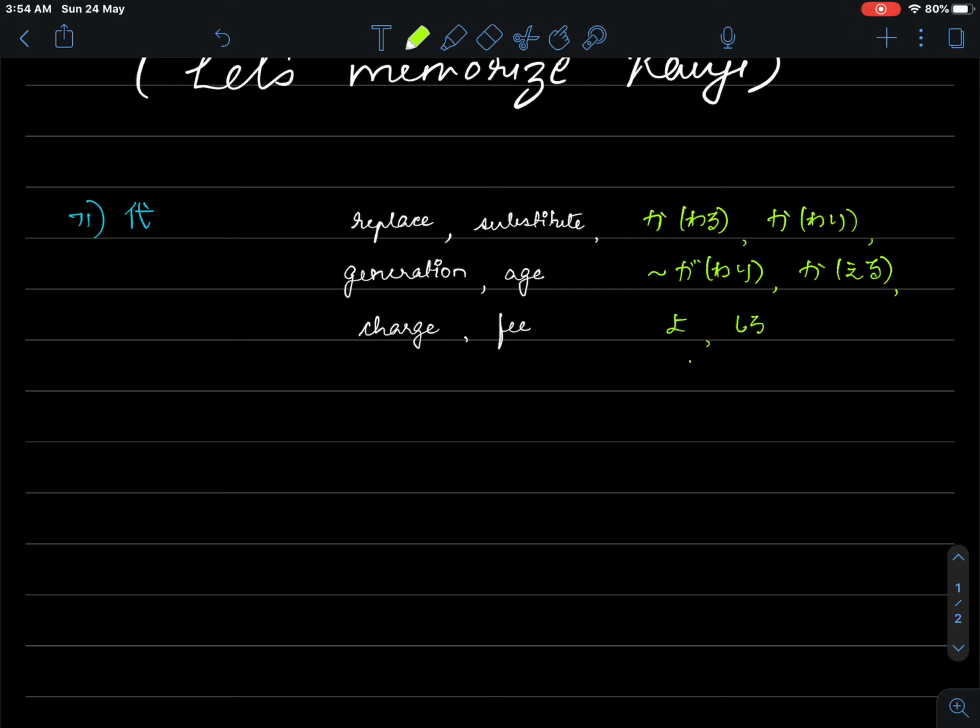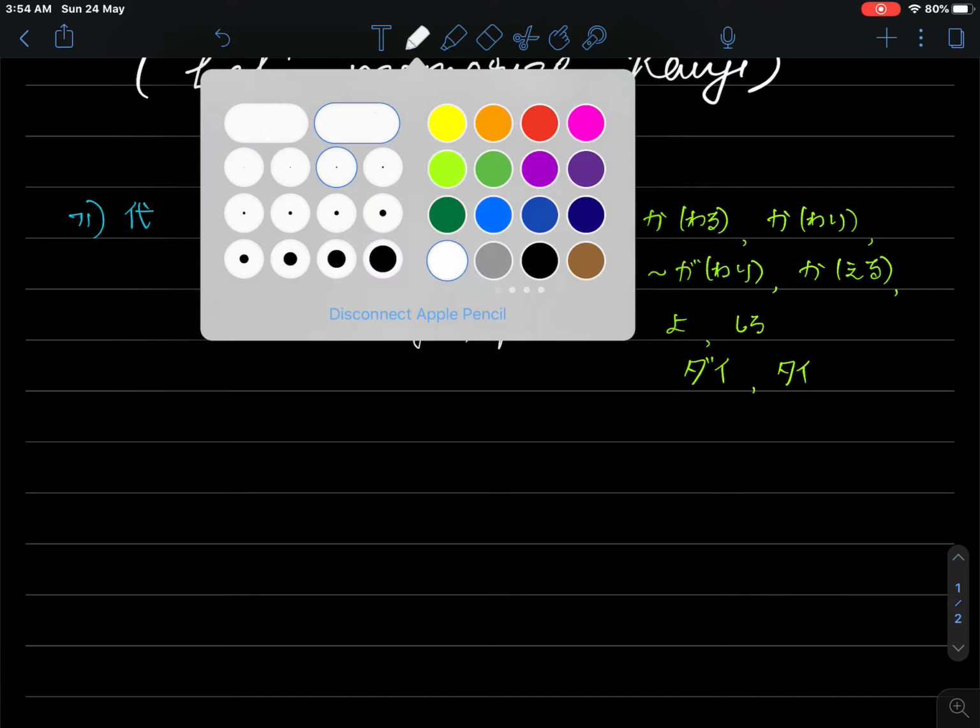And the onyomi are dai and tai. Okay, now let's quickly have a look at some words.